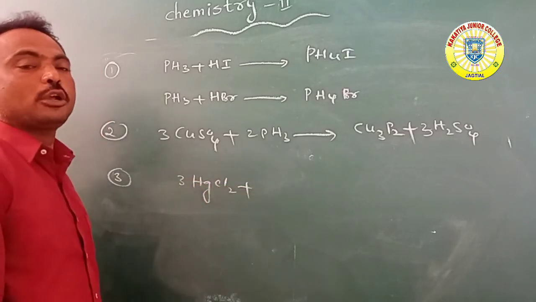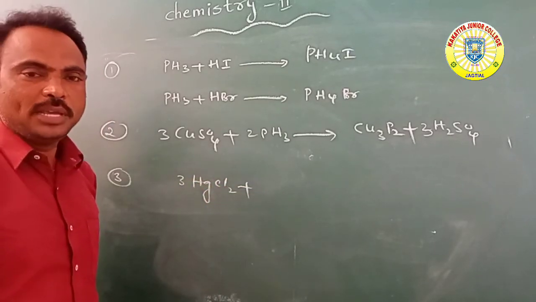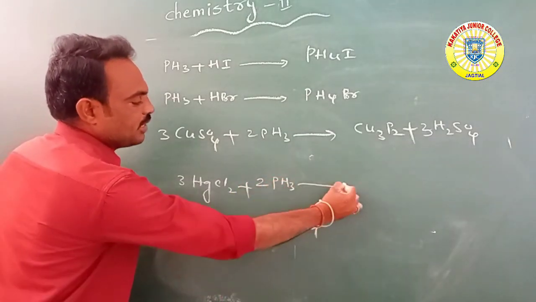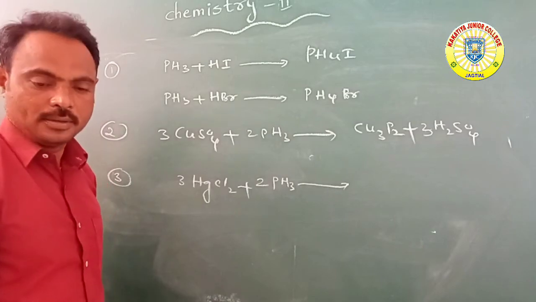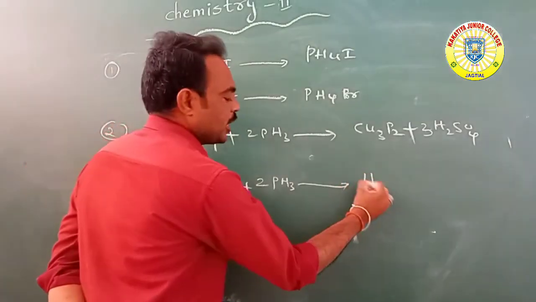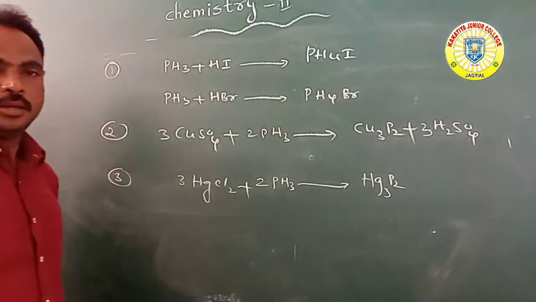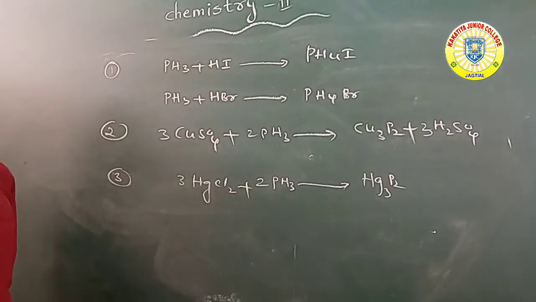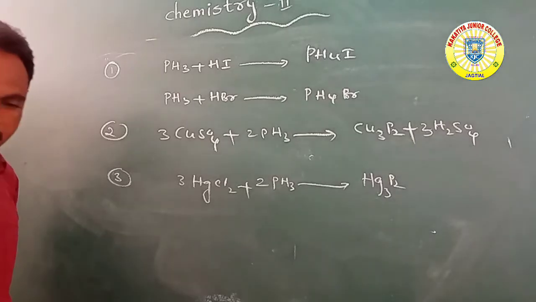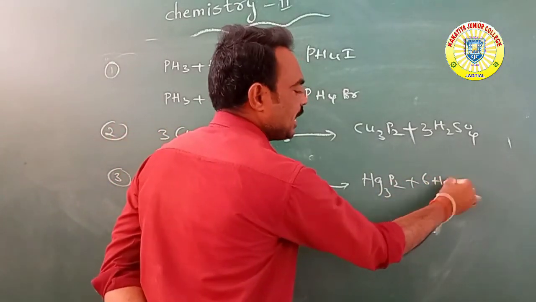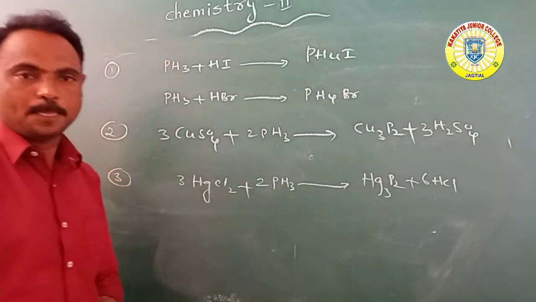HgCl2 means mercury chloride. This mercury chloride reacts with PH3 phosphine to form Hg3P2, mercuric phosphide. Next further in this reaction, HCl, hydrochloric acid.